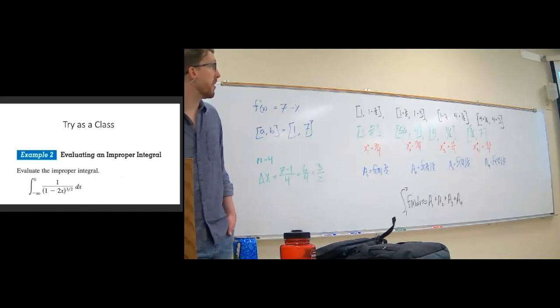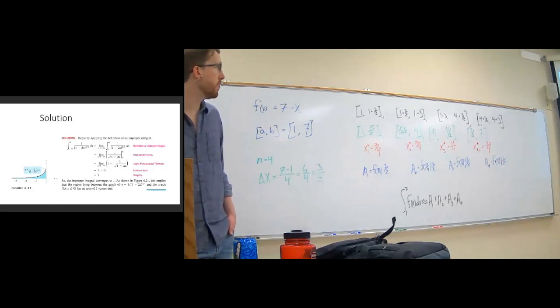Now, we've already seen this case, the one I just talked about that converges to 1. We replace our negative infinity with a, and we apply the limit as a goes to negative infinity. We solve this integral and keep our bounds, right?